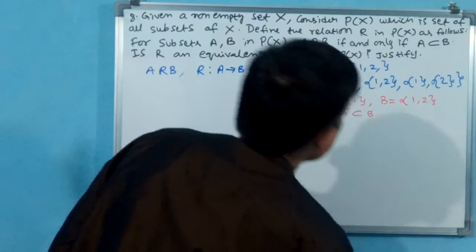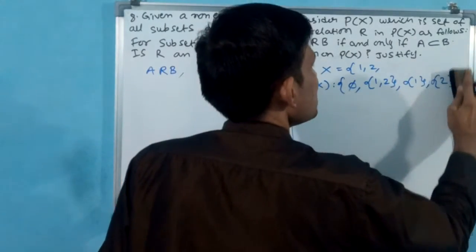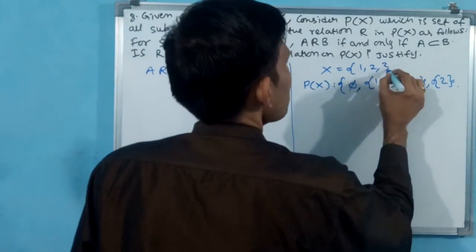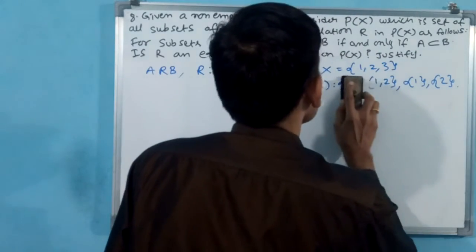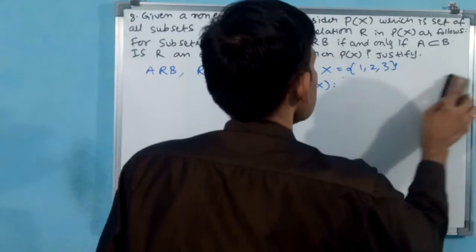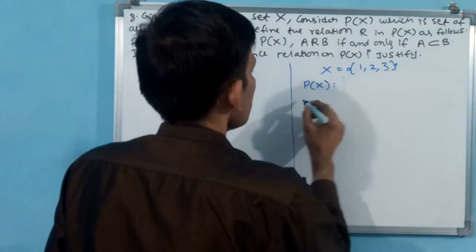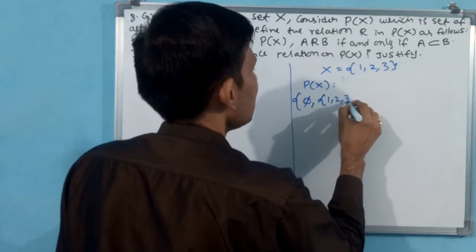Or else we will do the same. I will take X is equal to 1, 2, 3 also. Now the power set is going to change. What will come in the power set? Full 1, 2, 3 will come.